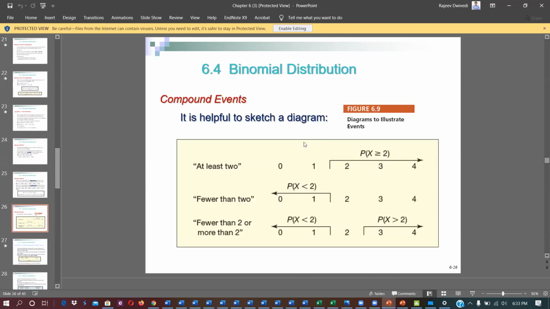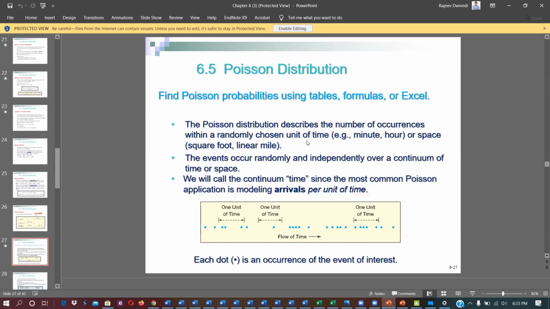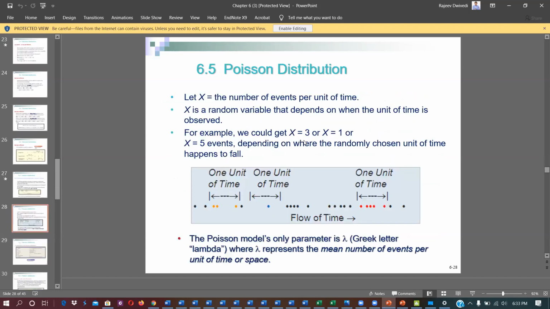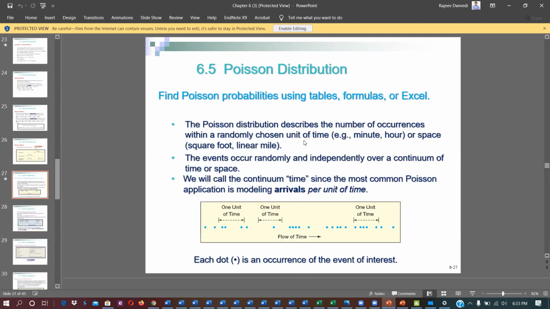So if this is clear, this is binomial distribution. Now the second is Poisson distribution. The Poisson distribution describes the number of occurrences within a randomly chosen unit of time.